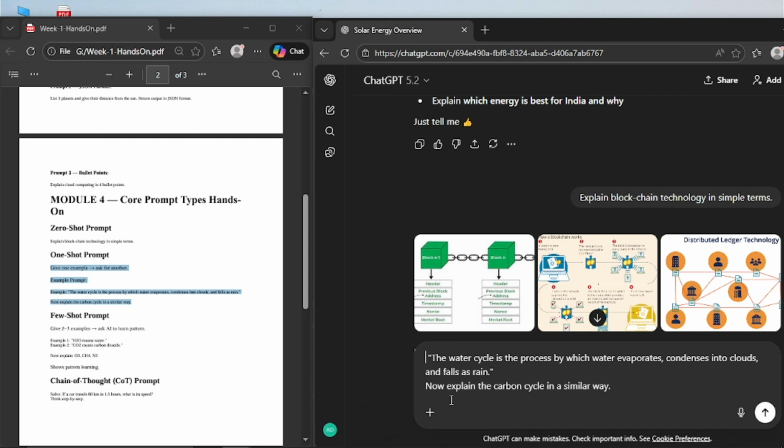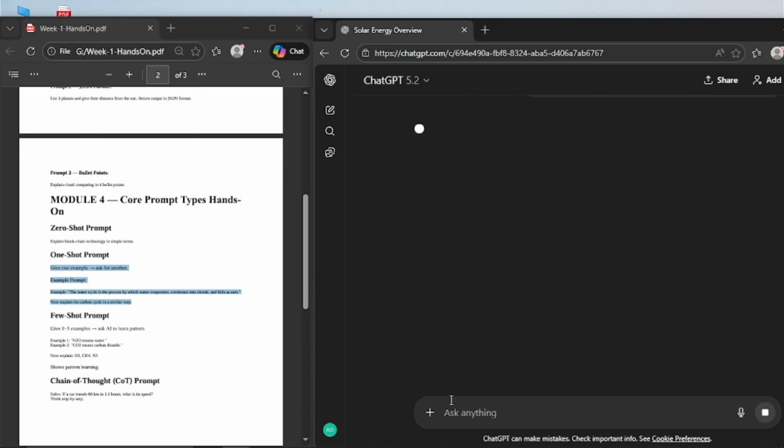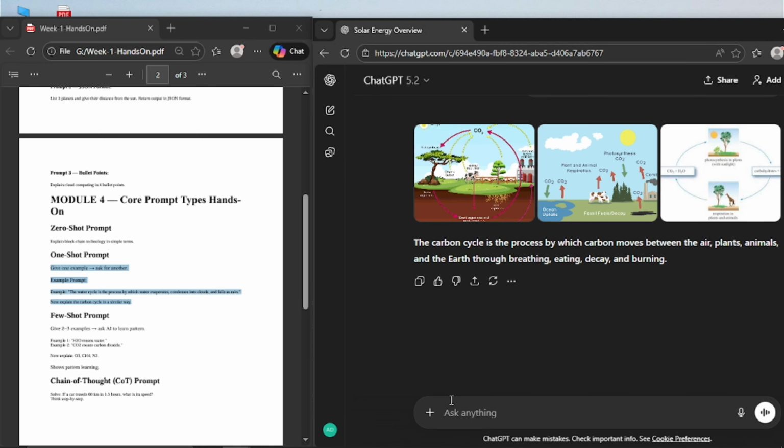So you have given an example, and then you ask the next question and want the answer to follow your previous example. So it tells us in the same way. See how precise it is. You can match both the answers.